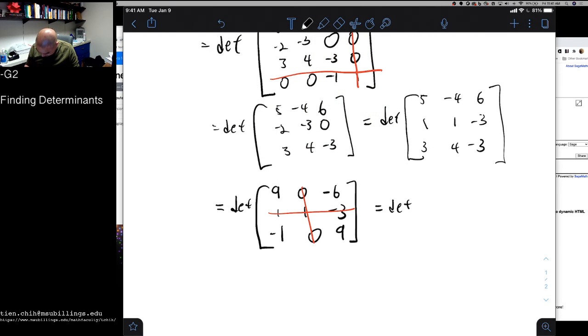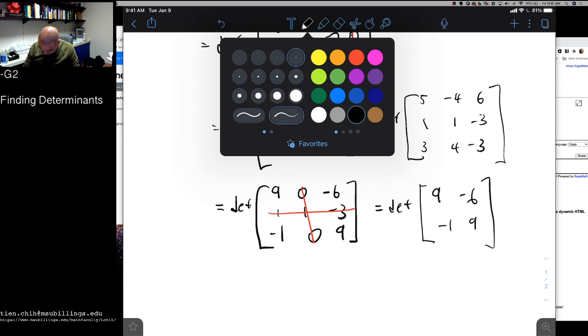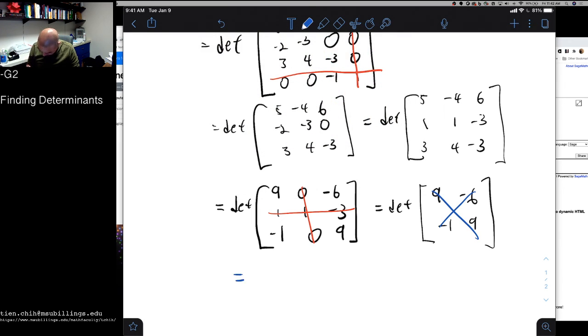It is the determinant of 9, minus 6, minus 1, 9, which if you recall, we can just take these diagonals and that will give me 81 minus minus 1 times minus 6, sorry, which is 81 minus 6, which is 75.